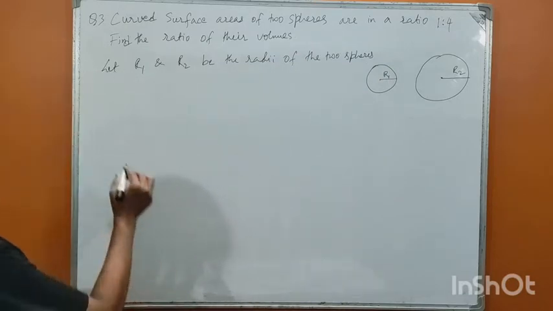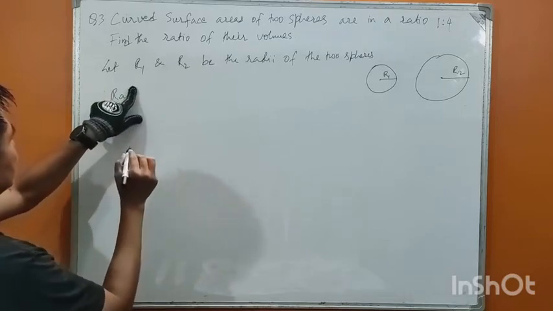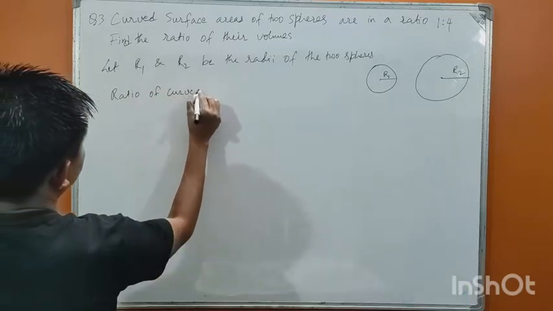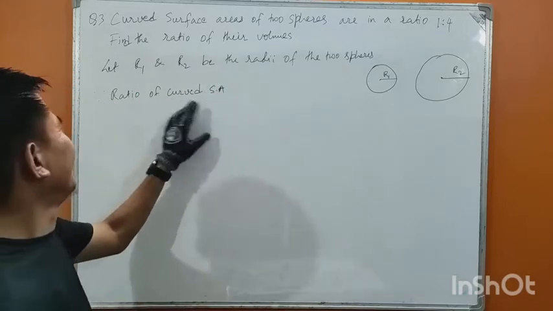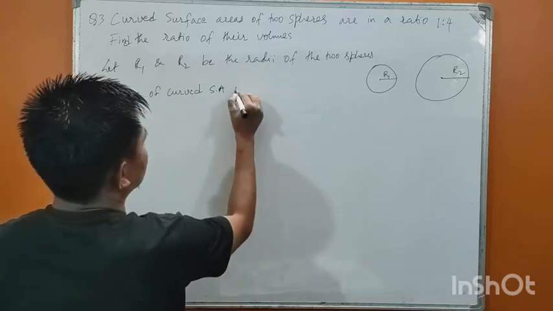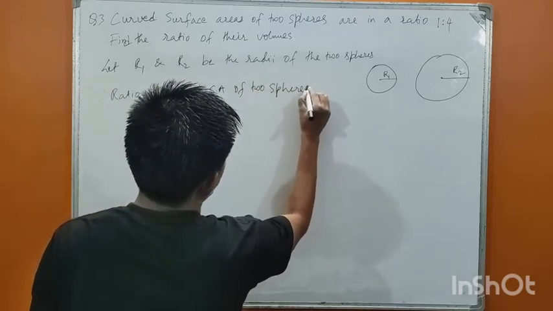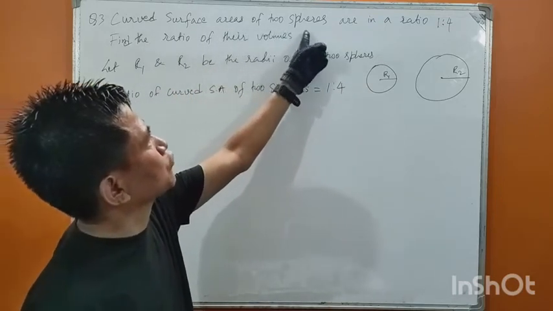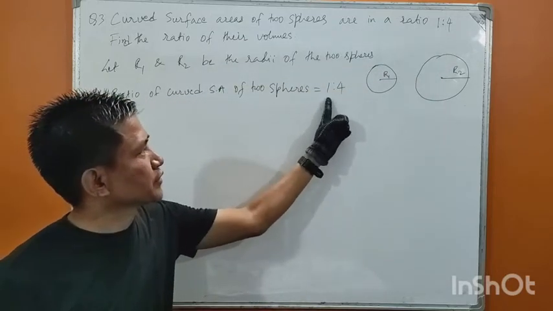So the given condition is, the ratio of curved surface area of two spheres equals 1:4. This is the given condition, isn't it? Curved surface areas of two spheres are in a ratio 1:4.